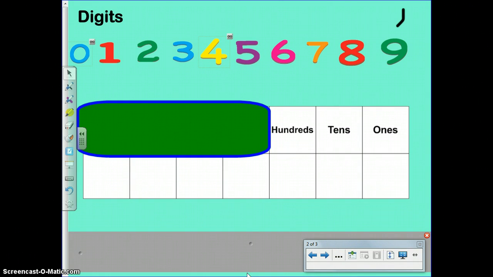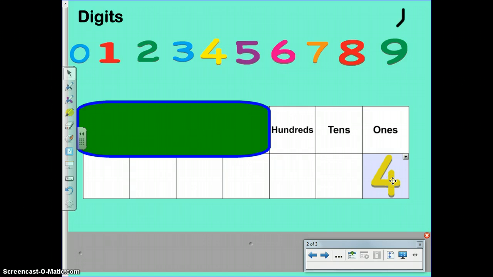And you've seen this place value chart to help you understand how numbers are valued. When we place these digits in certain spots in our place value, they can have all different sorts of values. For instance, if I take this 4 and put it in the ones place, it simply represents 4.